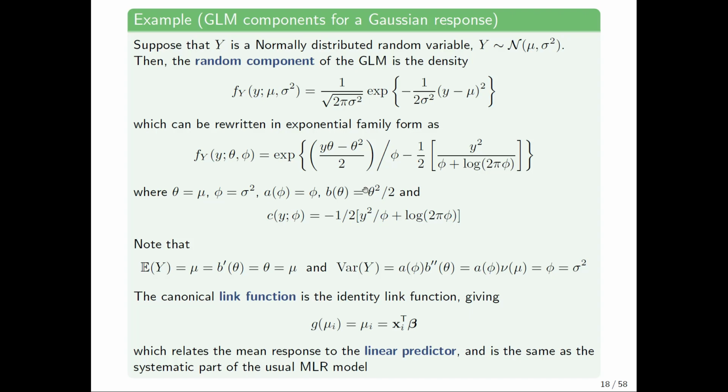The mapping is theta equals mu, phi equals sigma squared, a of phi equals phi, b of theta equals theta squared over 2, and c of y and phi is the expression in brackets shown there.